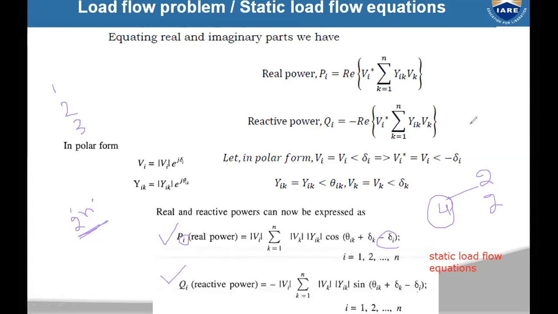Those variables are P, V, Q and delta. Depending upon the bus type, only two variables will be specified and the remaining two you have to find out from the load flow solution.